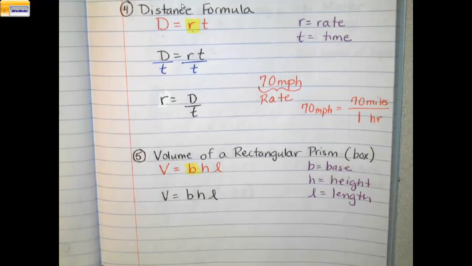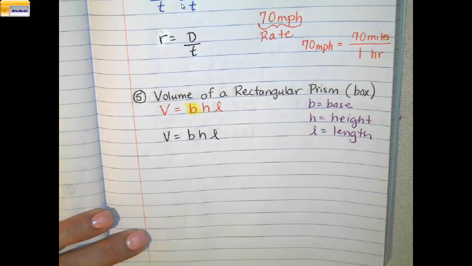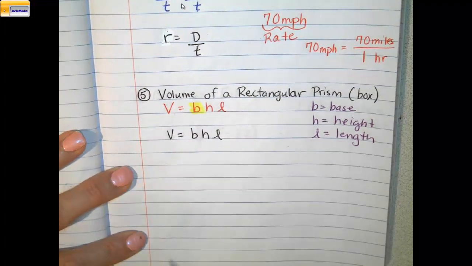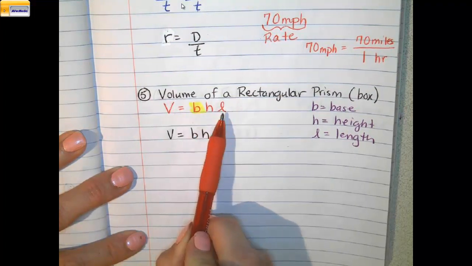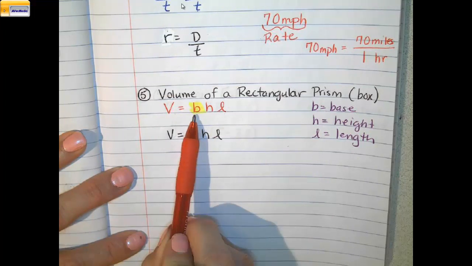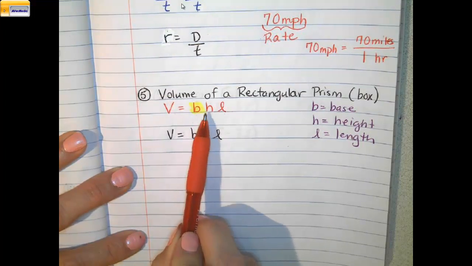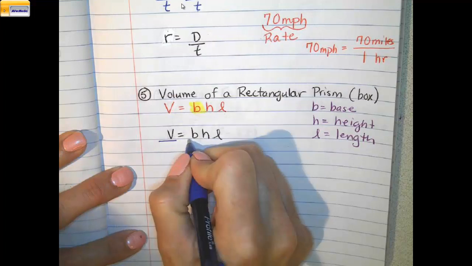Our next example is the volume of a rectangular prism. You probably more commonly call it a box. So you could picture a shoebox as you think about this formula. The volume equals the base times the height times the length. If I want to solve this formula for base, I'm going to have to undo the times height and times length. To undo multiply, I would divide both sides.